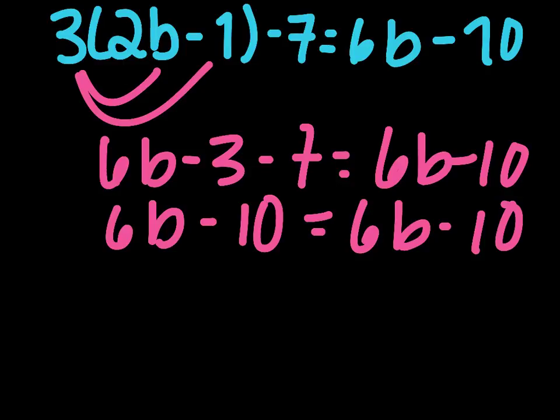So then you finally get down to where it's just 0 equals 0. Since the expression on each side of the equation are the same, this equation is an identity. It is true for all values of b. So, you see, it's called special solutions for a reason.